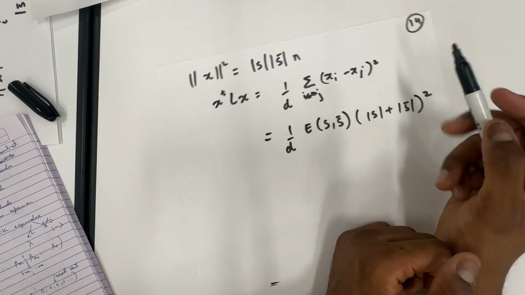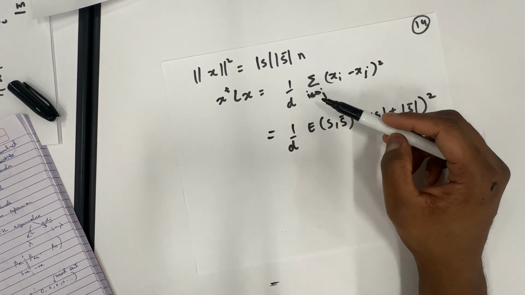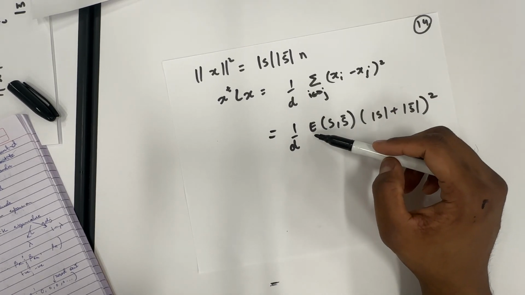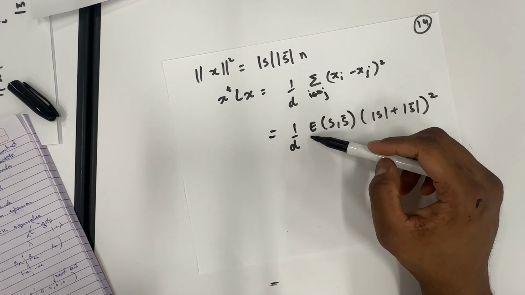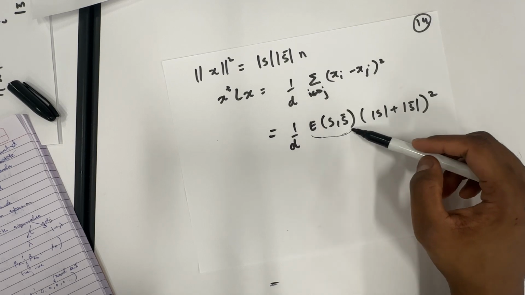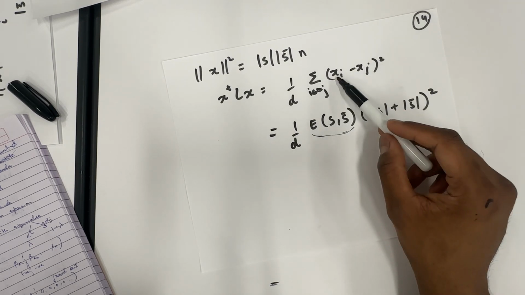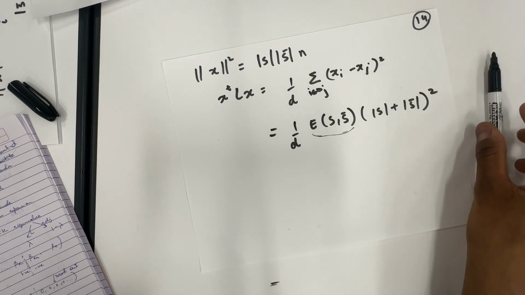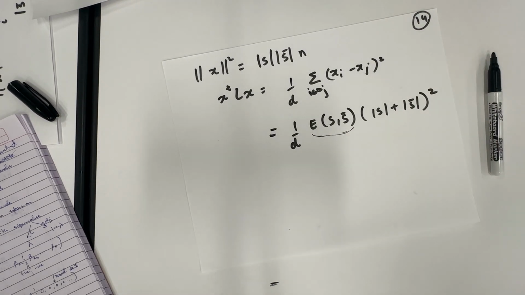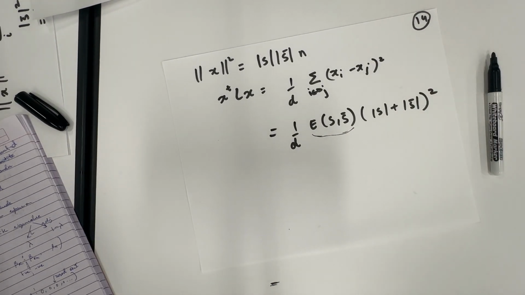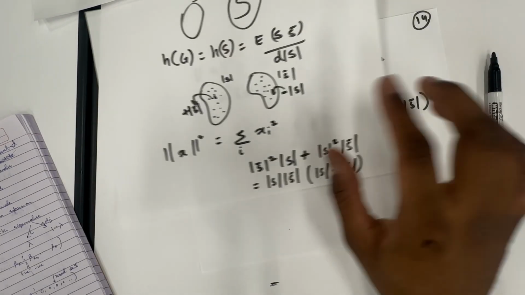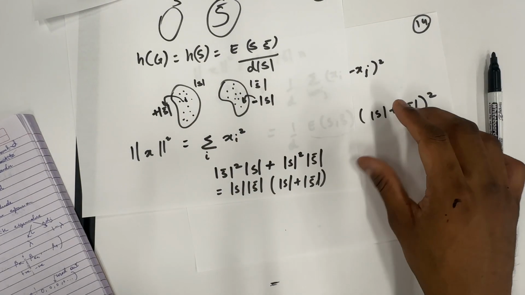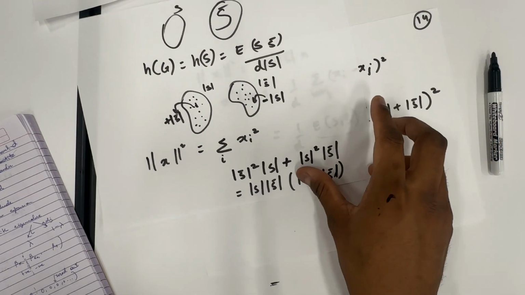Basically what they are trying to write here is, for all ij edges, this is the same as the number of edges running across S and S bar, and because all of them are given weights which are plus here and minus here, the difference is S plus S bar whole square.